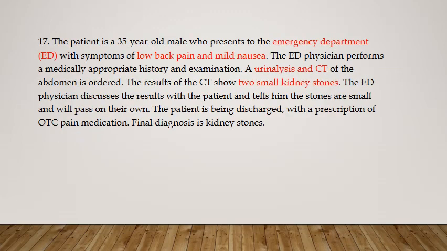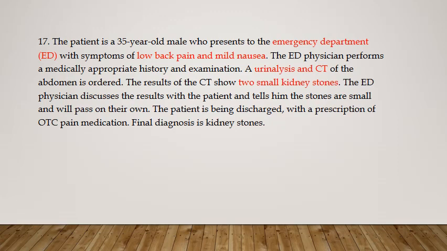Then next, the 17th question. The patient is a 35-year-old male who presents to the emergency department. So here it is again an emergency department question. With symptoms of low back pain and mild nausea, the ED physician performs a medically appropriate history and examination. Urine analysis and CT of the abdomen are ordered. The result of the CT shows 2 small kidney stones.